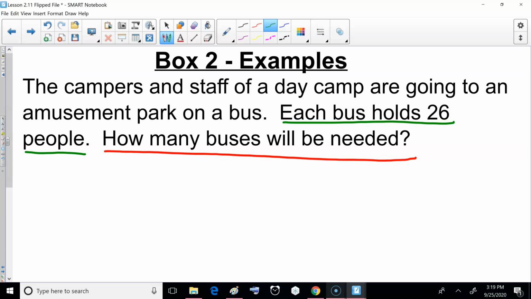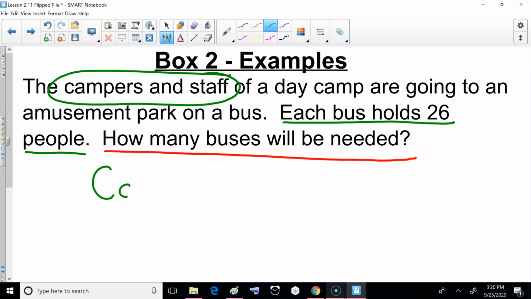But let's see, wait a second. I don't see anything else that's going to help me solve this problem. I still have some questions, right? So if it says each bus can hold 26 people, but I don't know how many campers and staff are going. So realistically, I can't solve this problem because I don't have enough information.